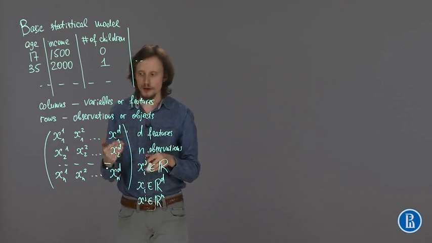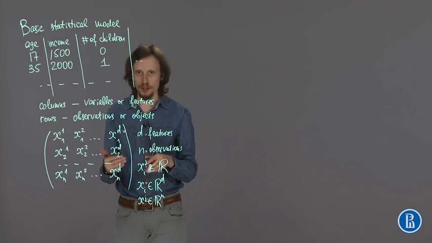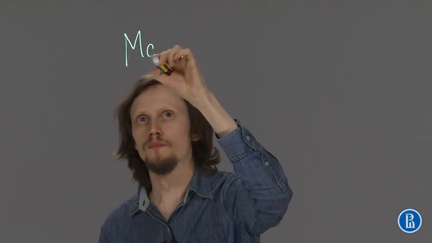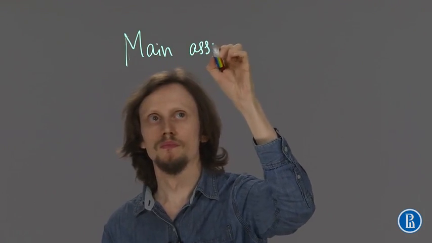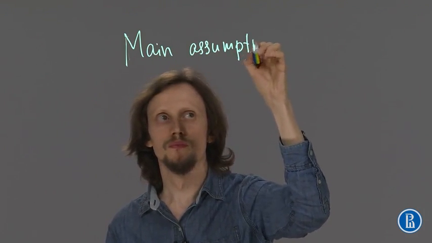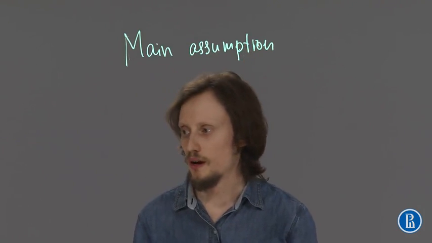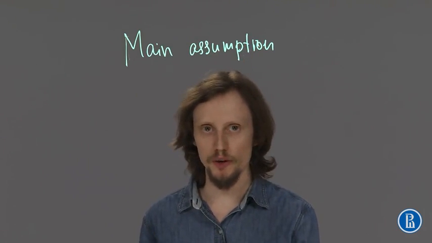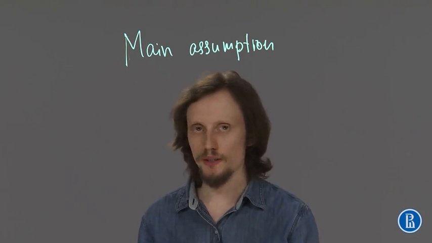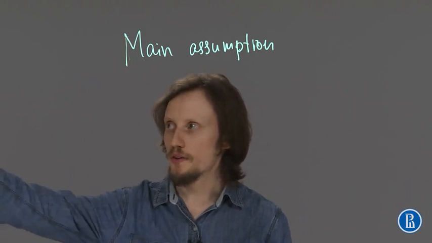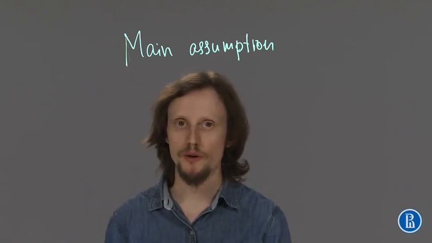And we may assume that each row of this table is a realization of some random variable or system of random variables. And our model is rather simple. We have the main assumption that there are several random variables, or better say, a system of random variables that corresponds to variables of our data.